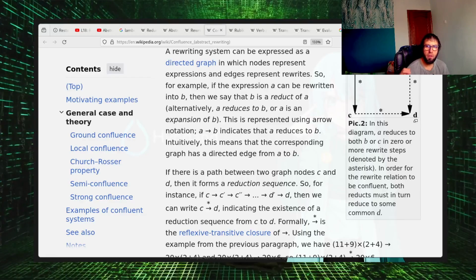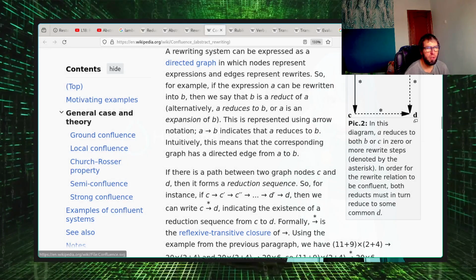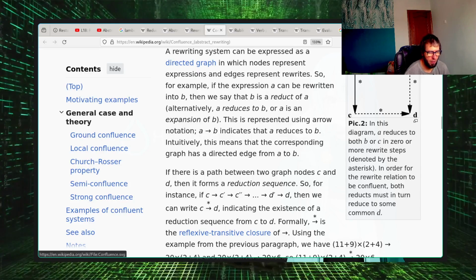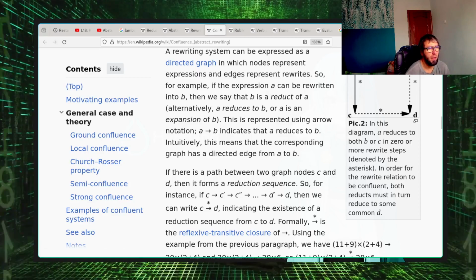We can express the rewriting system as a directed graph. At vertices we have some terms, and the arrows show the actual rewriting.